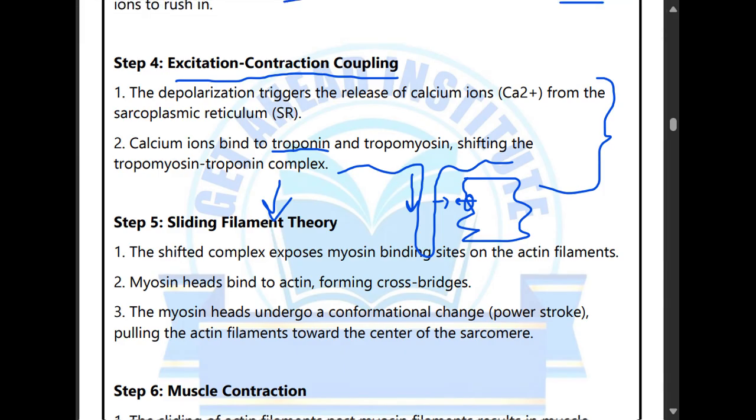As it is moving along the sarcolemma, the voltage reaches here where it finds this invagination known as the T tubule. So the T tubule has a protein that we call dihydropyridine receptor.